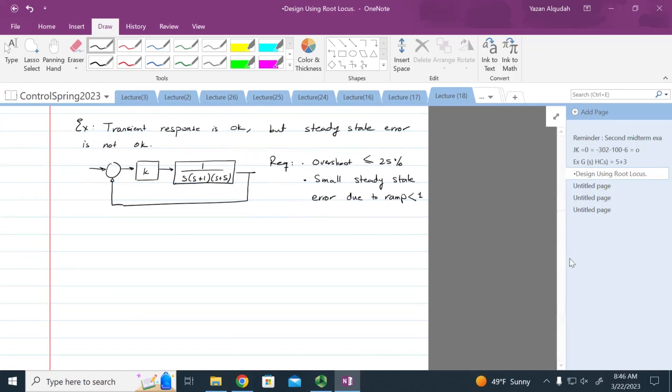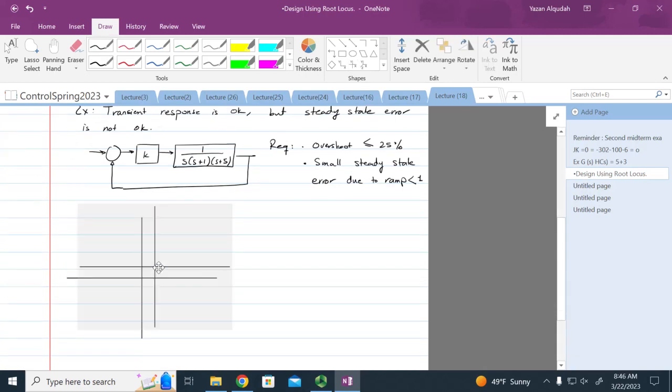So what do we do? We're going to plot the root locus, and the root locus is going to look something like this. This is -5.